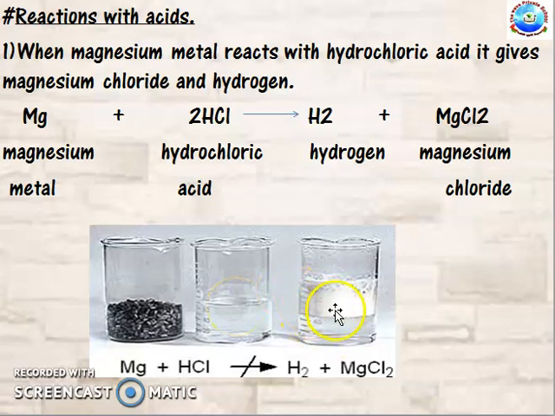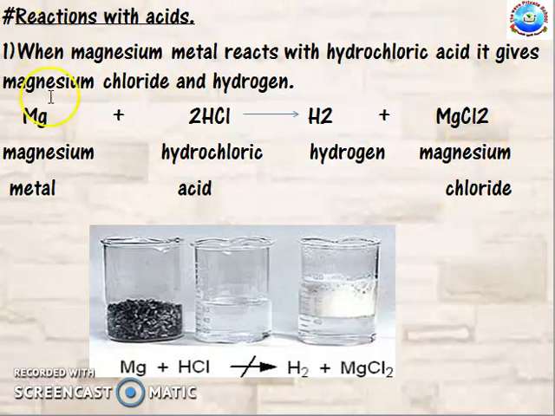You can see in this image there is a gas, that is hydrogen gas, and magnesium chloride. Now see, Mg, that is magnesium metal, when it reacts with hydrochloric acid, there is evolution of hydrogen gas and magnesium chloride.